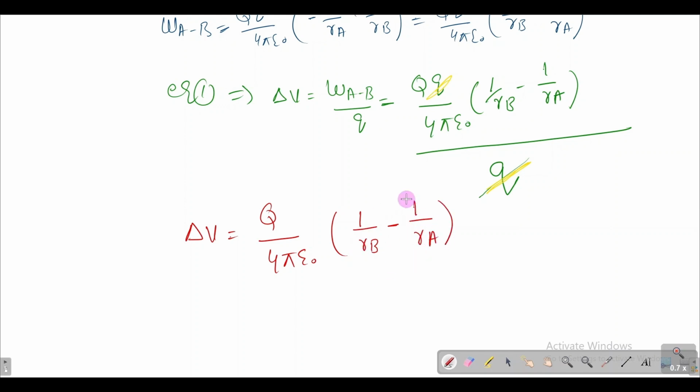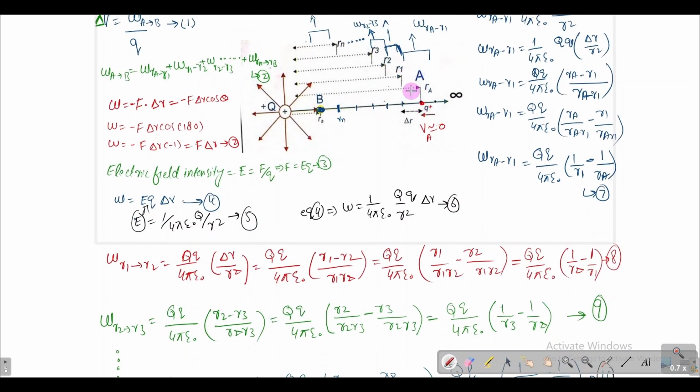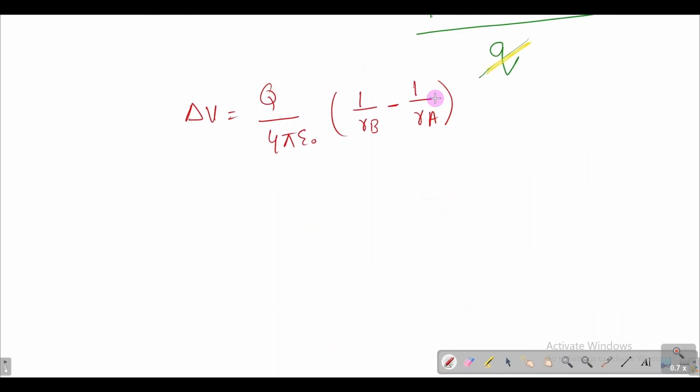From the figure, we can say that Ra is actually the distance between this positive source charge and this test charge. We consider this test charge at infinity. Therefore, we can say that this Ra is infinite. So here we put infinity instead of Ra.